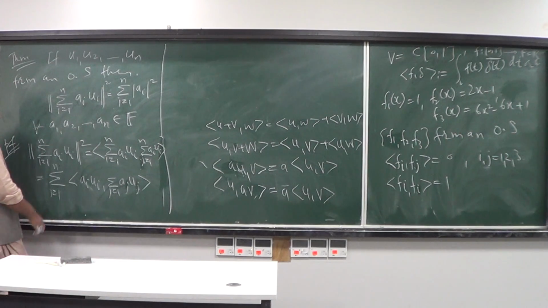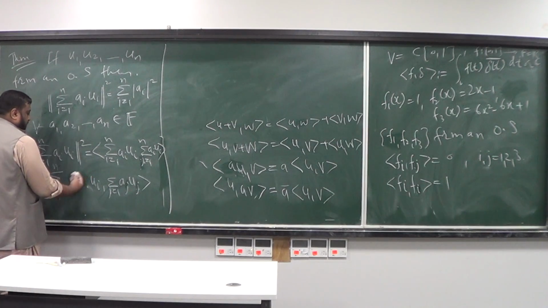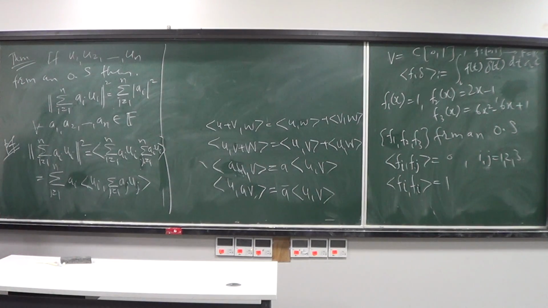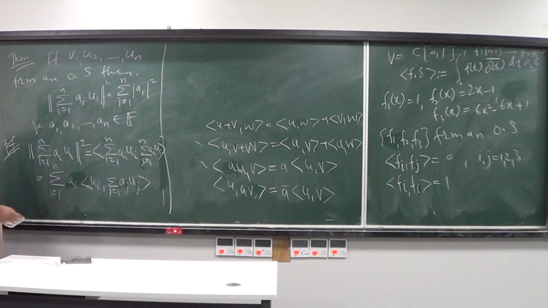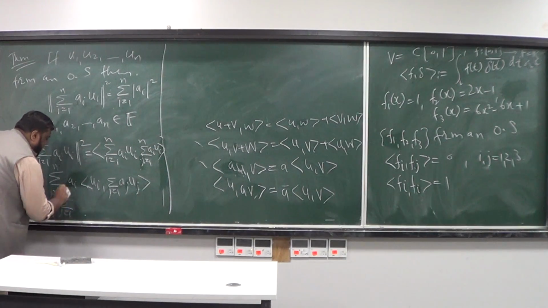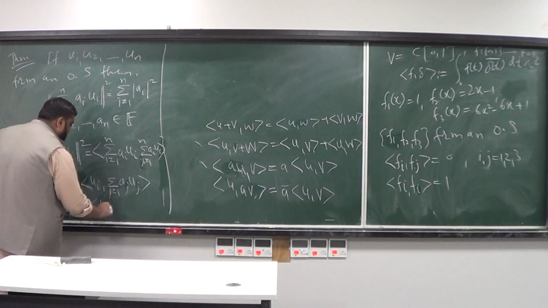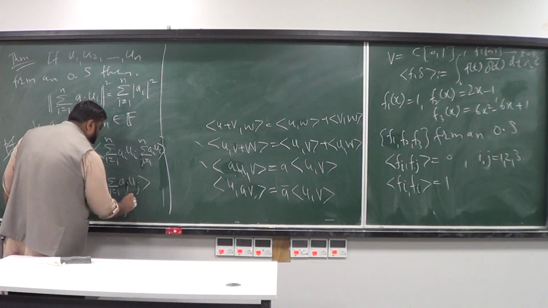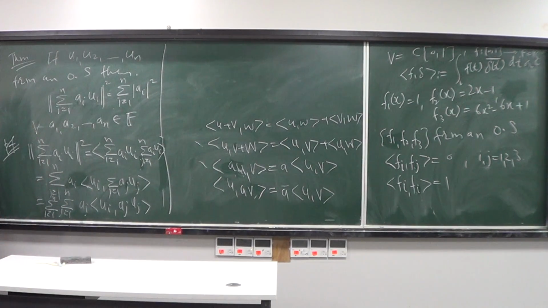And then by this property I can pull these a's out of the inner product and write them as a_i times the inner product of u_i, u_j. Then by this second property I can also take this sum out, and I'm going to have sum i equal to 1 to n, j equal to 1 to n, of a_i, u_i, a_j and u_j.